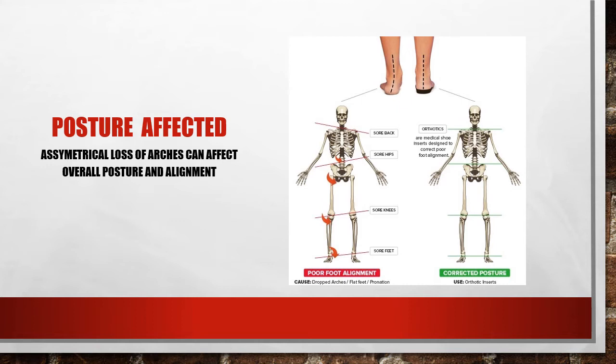But anyhow, in a pronated foot you would see a rotation of the knee and the hip. Also, there would be an increased Q angle, which they're not demonstrating there, where the knee gets a valgus type deformity. And then the hip will lower as well on that side, the shoulder will try to compensate and lift it up, and then the head will compensate and lift on the opposite side.